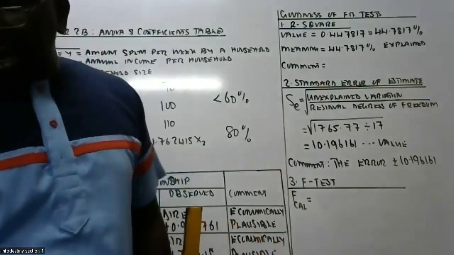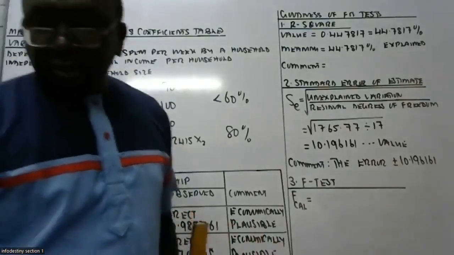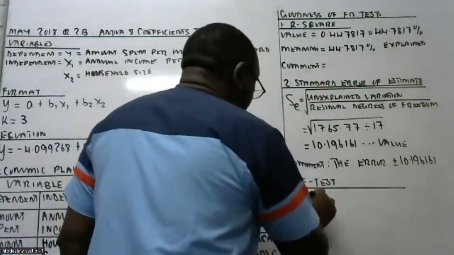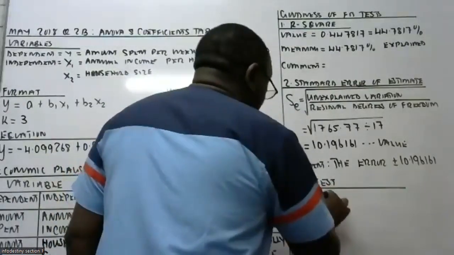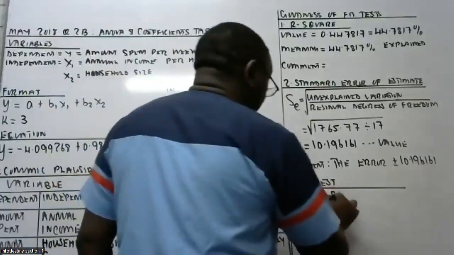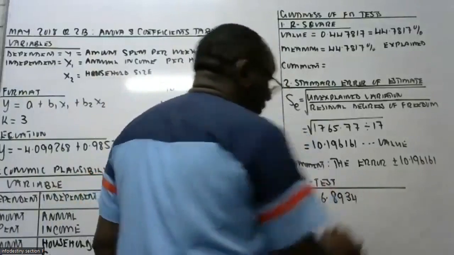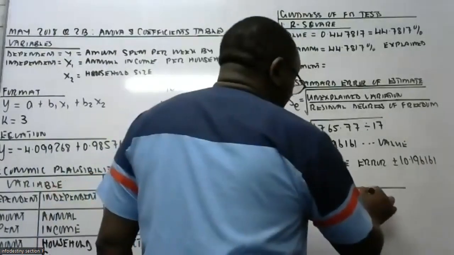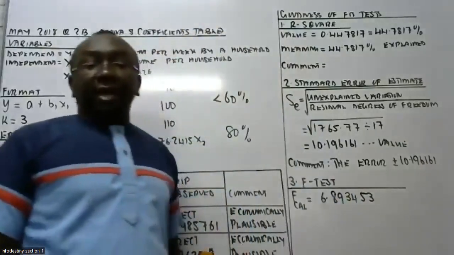If you look at the Anova, it is 6.893453.